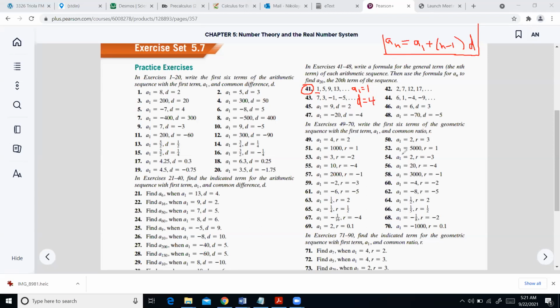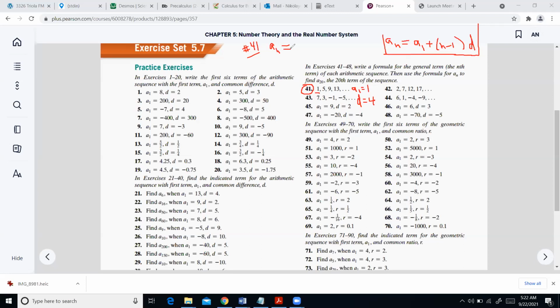Let's check it out. What if you move from 5 to 9? Would you again add 4? Yes. And from 9 to 13, you add it once again. So for exercise number 41, I can write down the formula for the nth term.